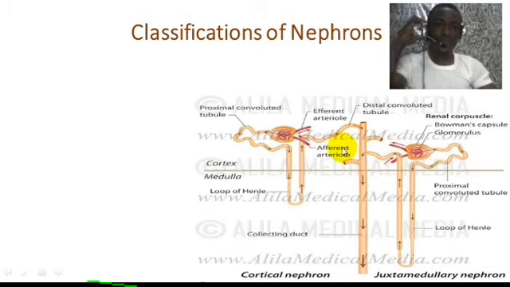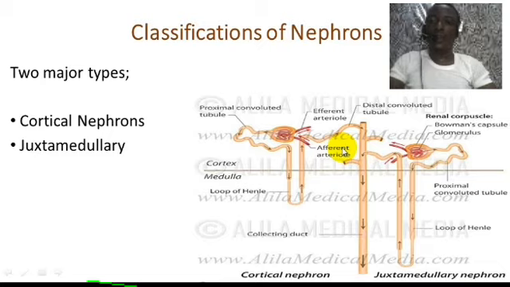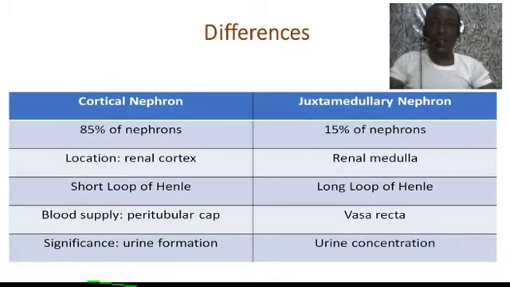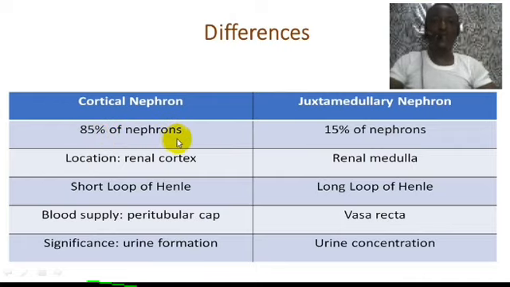Classifications or types of nephrons. Basically, there are two major types of nephrons. The first one is the cortical nephrons, and the second is the juxtamedullary nephrons. The differences between the cortical and the juxtamedullary nephrons are displayed on the table you are seeing on your screen. The cortical nephrons constitute 85% of nephrons, while the juxtamedullary nephrons constitute only 15%.